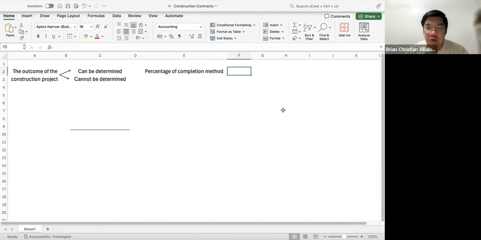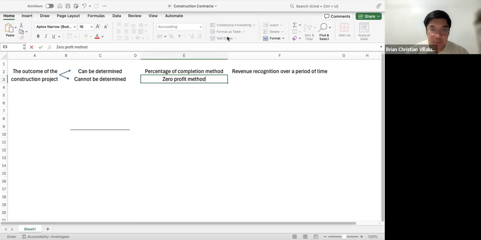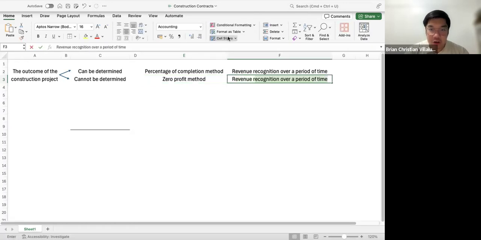Ang percentage of completion method is also known as revenue recognition over a period of time, which in this case is the construction period. Now, if the outcome, on the other hand, cannot be determined, then we are only allowed to use what we call the zero profit method or revenue recognition at a point in time.